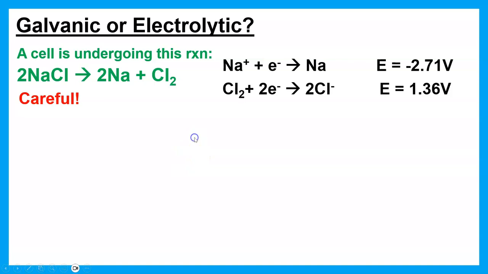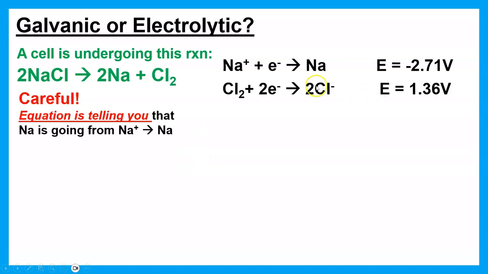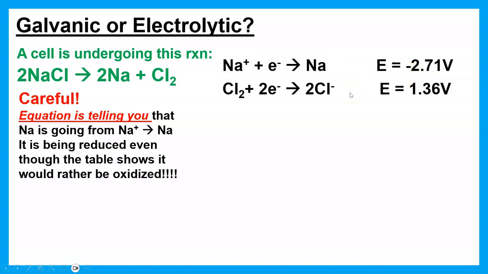The equation is flat out telling me that even though this would not be my preferred reaction to use because it's more negative here, that it is what's happening. This one is going to be reduced, even though my numbers would imply otherwise.